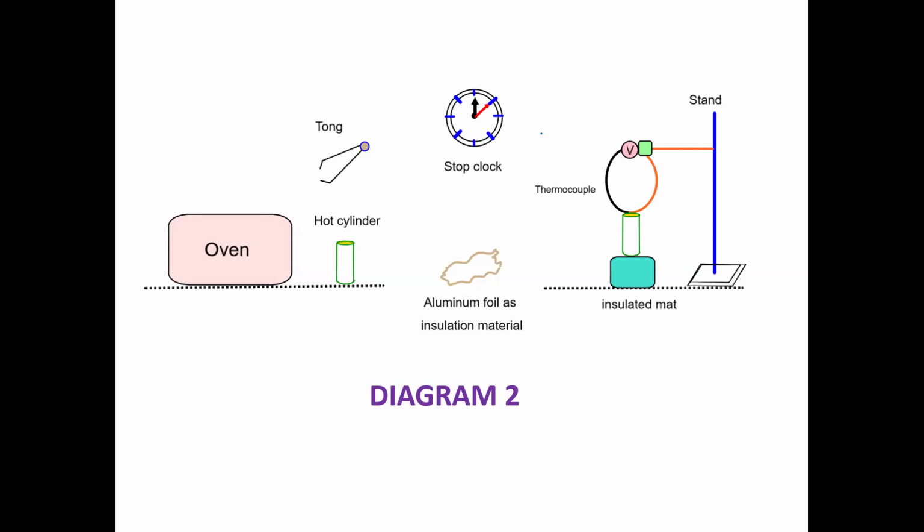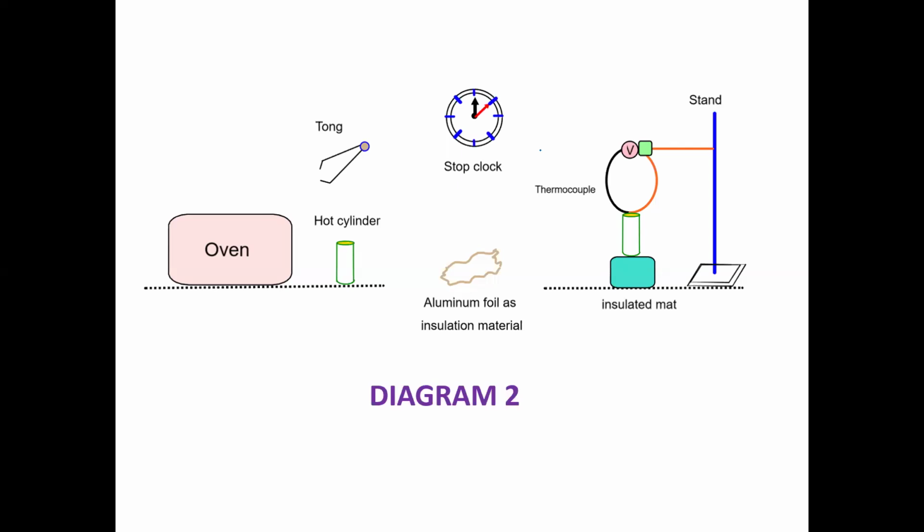Copy diagram number 2. The thermocouple is on the right side. I have attached a thermocouple. A thermocouple is a very precise thermometer. It will record the temperature after some cooling.